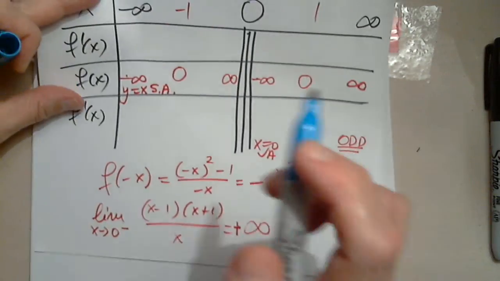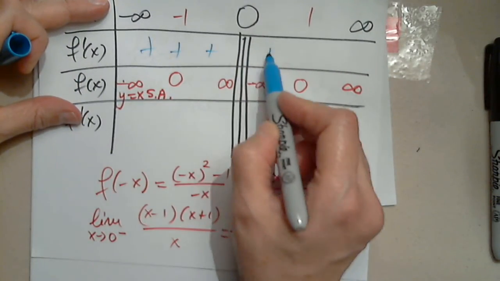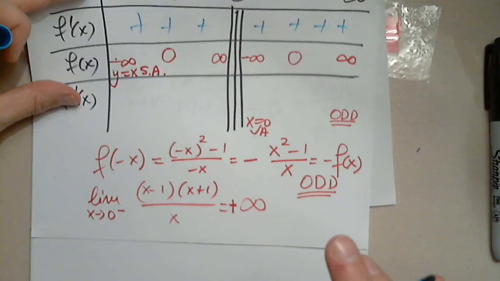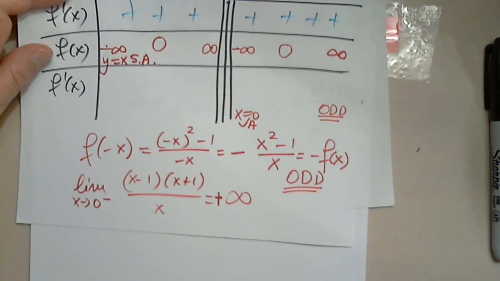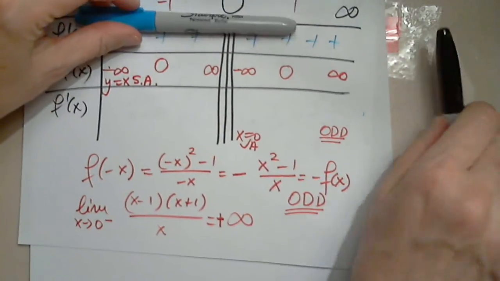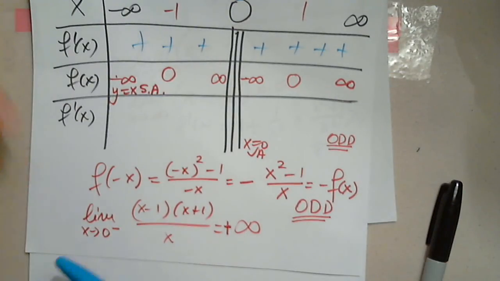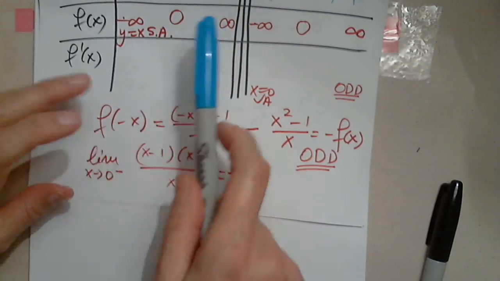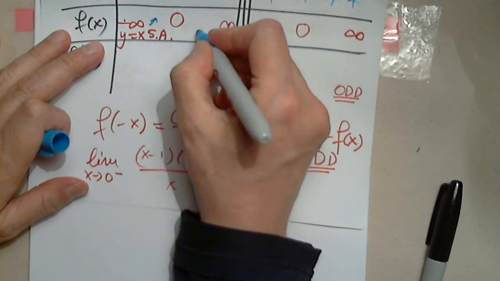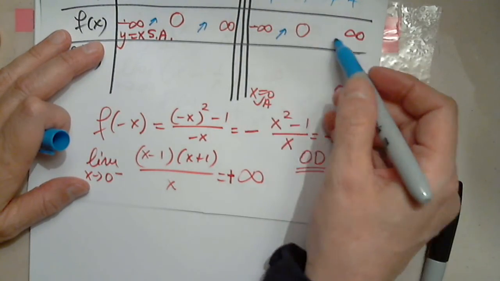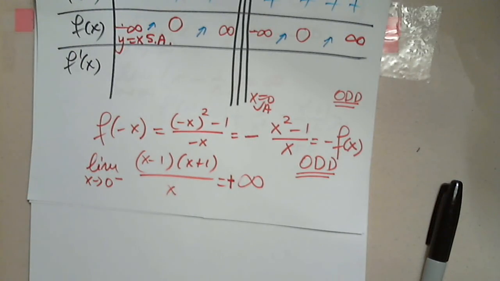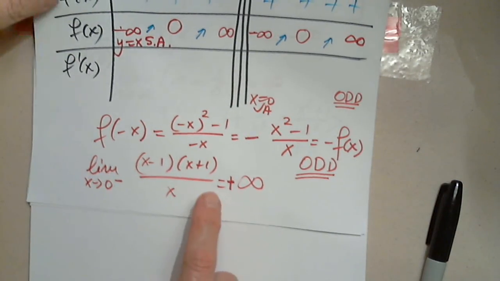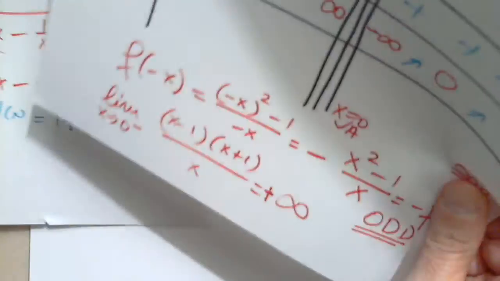Very nice. No critical numbers, no max min, the function is always increasing. So let me make sure that these two rows work well together. That's how I catch my mistakes. Okay, from negative infinity to 0 to infinity, awesome. Done. All I have to discuss now is the second derivative.